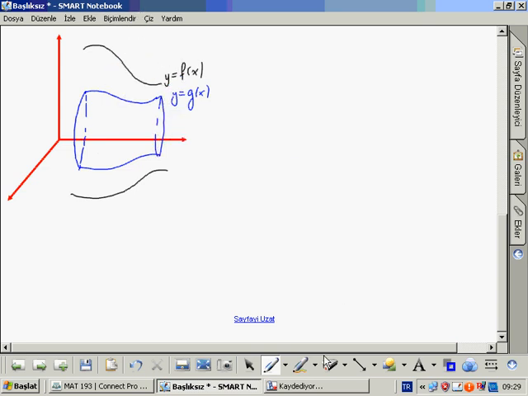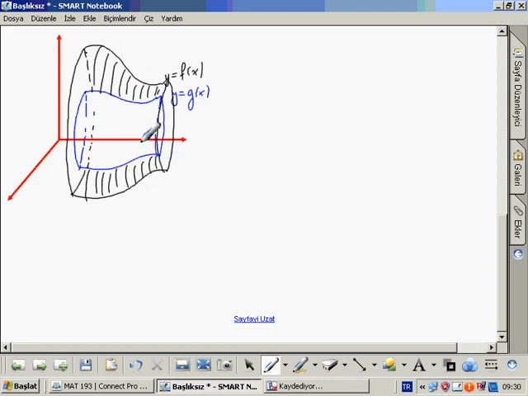The black curves will be like that, and this area is the one we want to find the volume of.